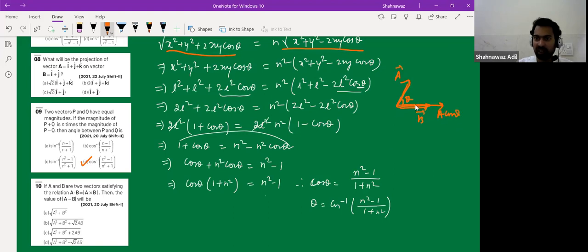A cos theta, and this would be A sin theta. So the projection of A on B would be what? A cos theta. And from the dot product, this is defined like this: A dot B by B, and then B hat. So this is how the projection of vector A on B is defined.